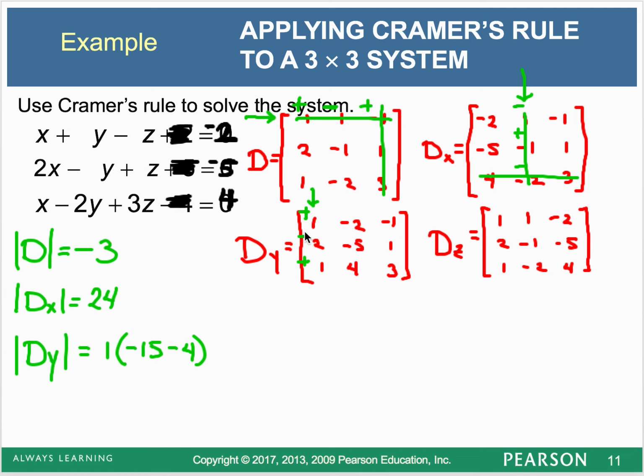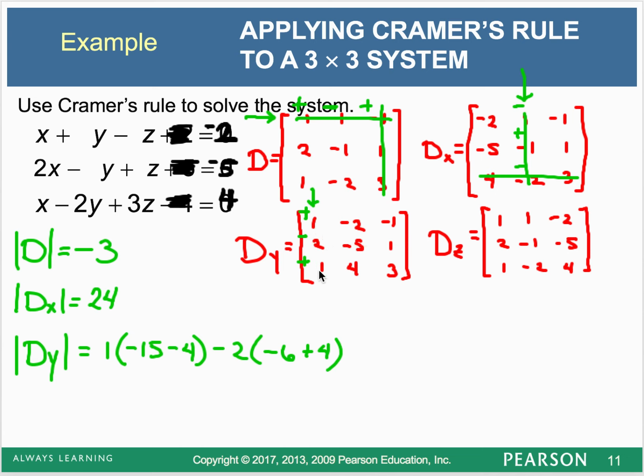Now I've got minus 2 times, mark out the row and the column that the 2 is in, so negative 6 minus negative 4, so plus 4.